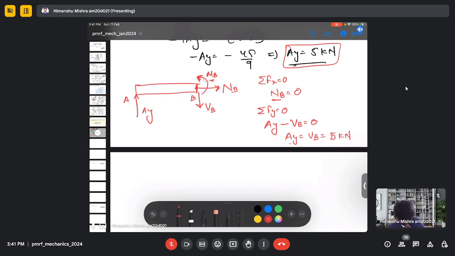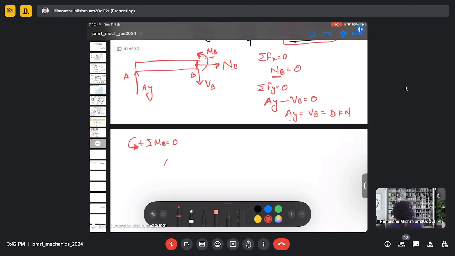And then we can do the moment balance at point B. So we have Ay, and this distance is 3 meter. So this is minus, this is plus, equal to 0. And my moment at B will be 3 Ay, which is 15 kilonewton meter. So this is my moment at B.